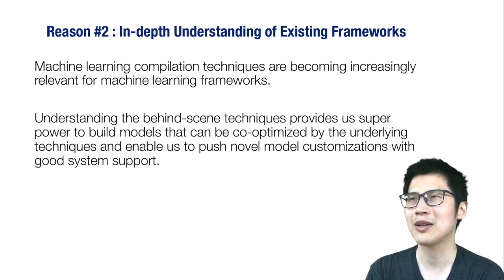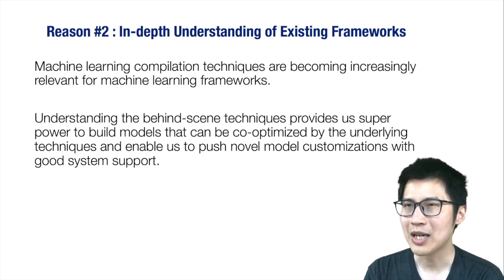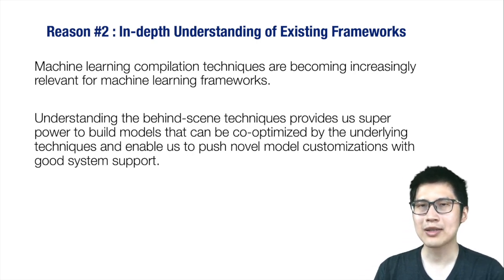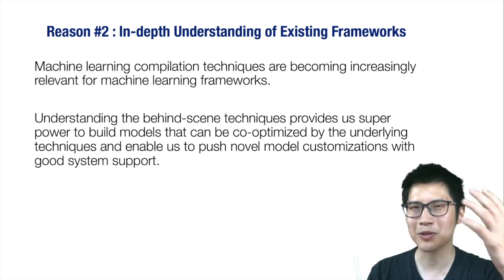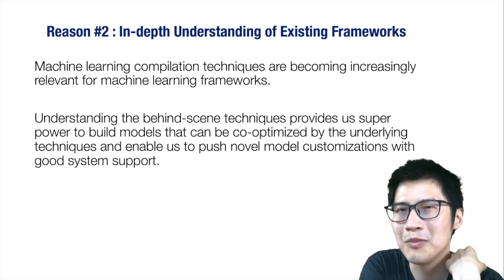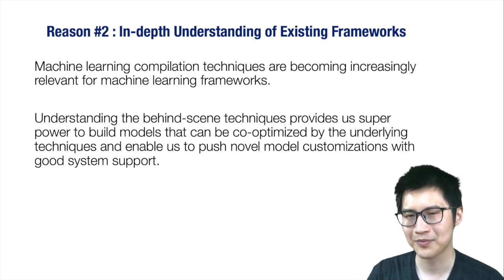It gives us a kind of superpower that helps us understand how frameworks work, and sometimes enables us to push novel model customizations with good system support, so that not only do we build a smart model, but the model scales with the underlying system. And that is something that many machine learning scientists would benefit from in a lot of cases.